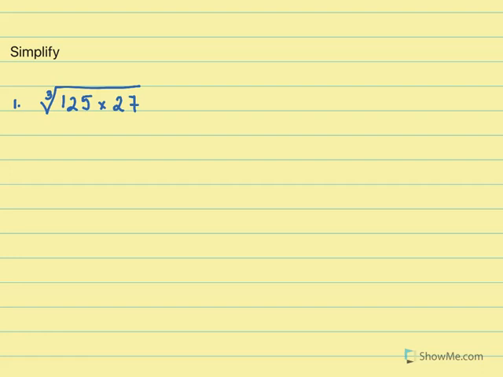Simplify cube root of 125 into 27. So I write 125 into 27. Now for this cube root sign, I will put 1 by 3. Now we know 125 is 5 raised to 3 and 27 is also 3 raised to 3.